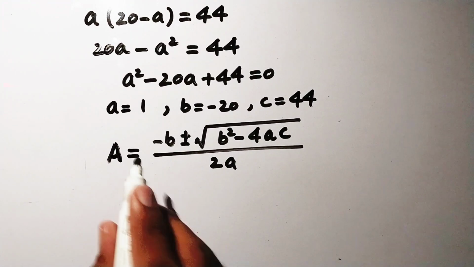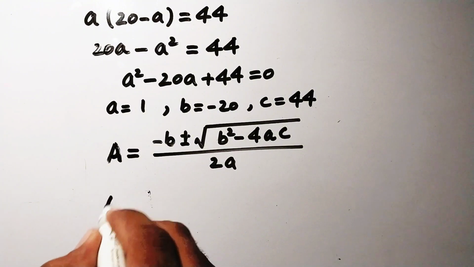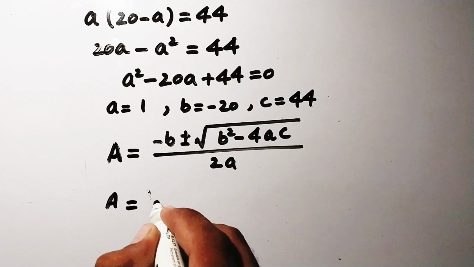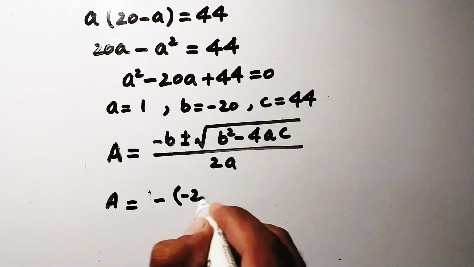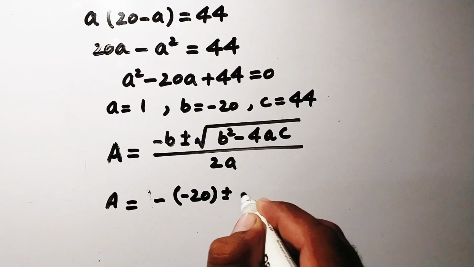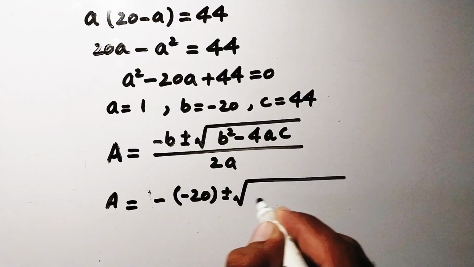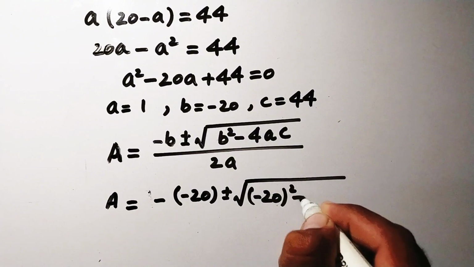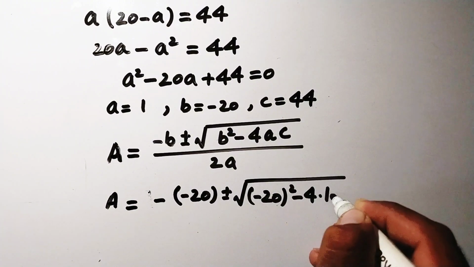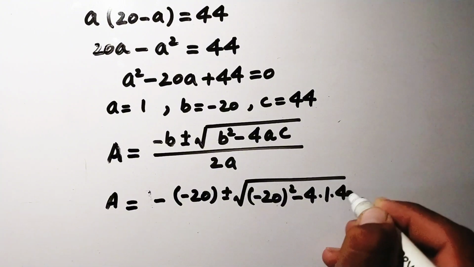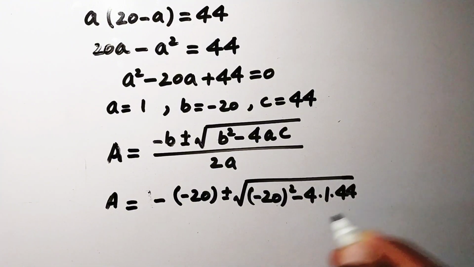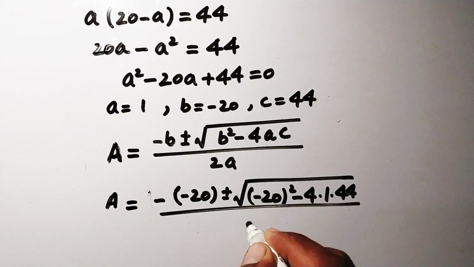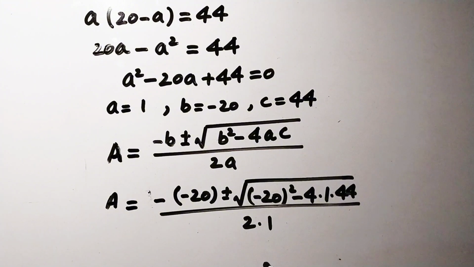And now by putting the values of a, b and c here, this a will be equal to minus into minus 20 plus or minus root of minus 20 square minus 4 times 1 times 44, divided by 2 times 1.